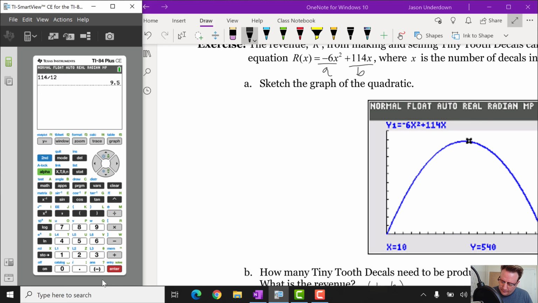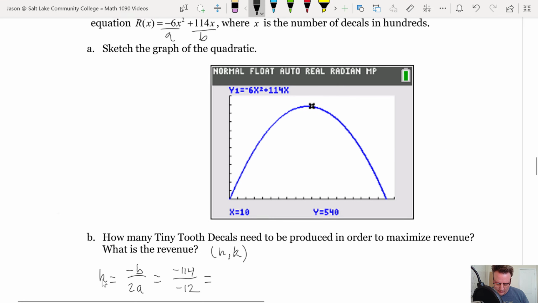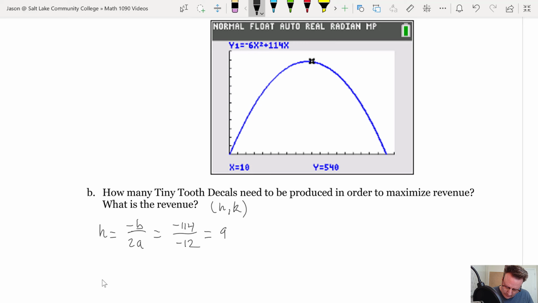Okay. So when x is 9.5, we will get the highest point on the parabola.